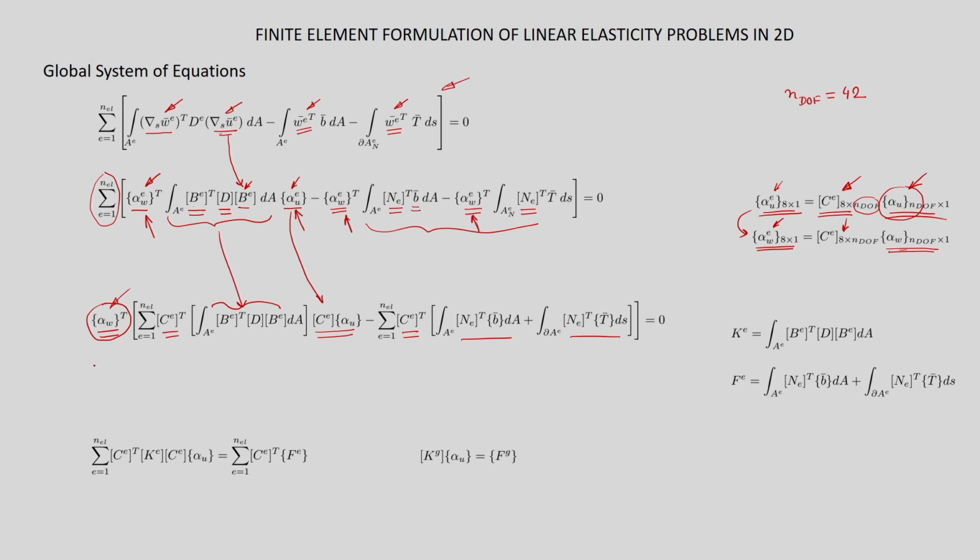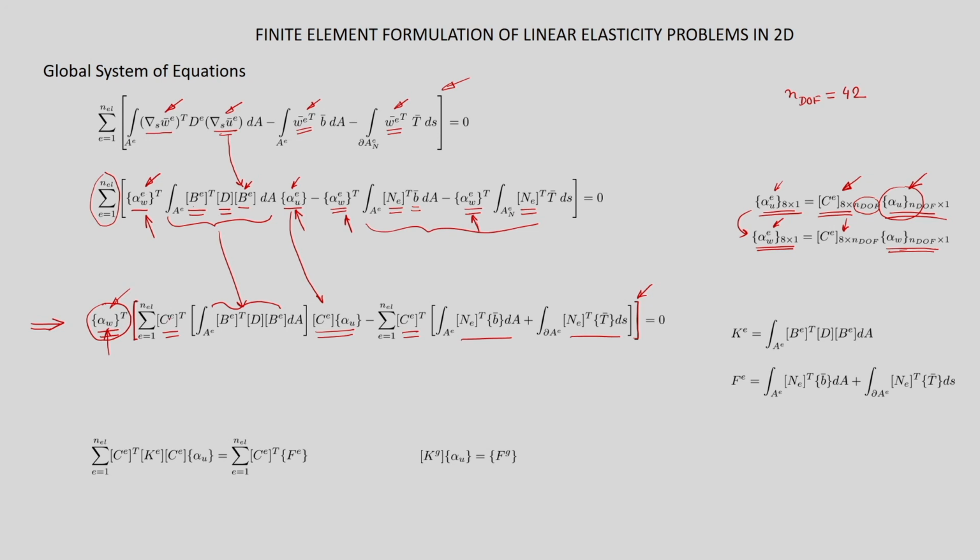Now, let us look at this equation. What does this equation say? This alpha w is a vector, which in this case has size 42 by 1. And the whole part inside this square bracket is also a column vector if you closely look at it.